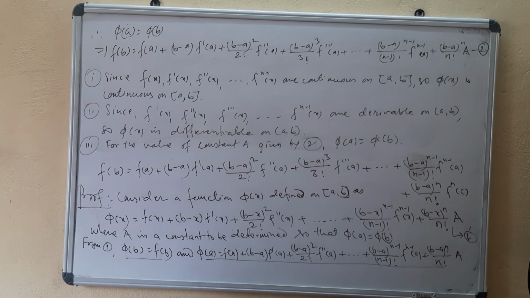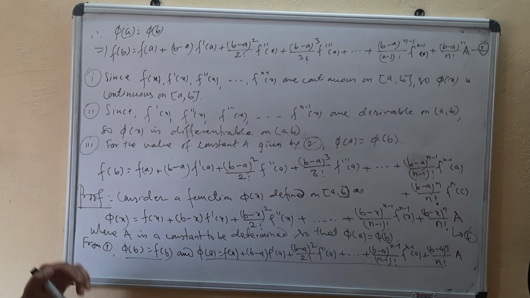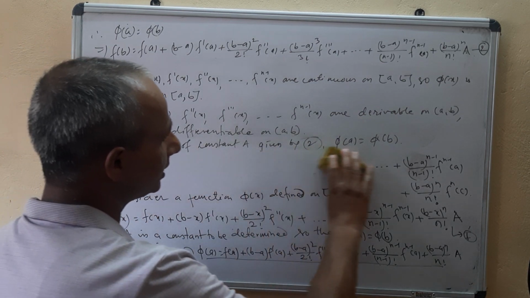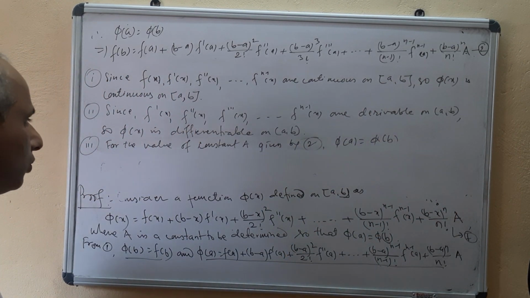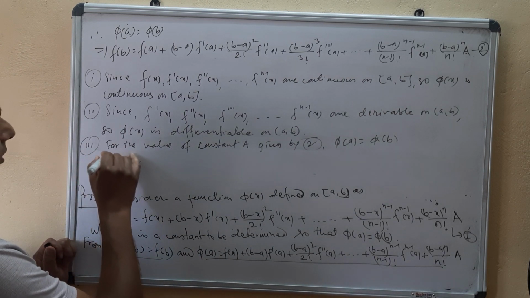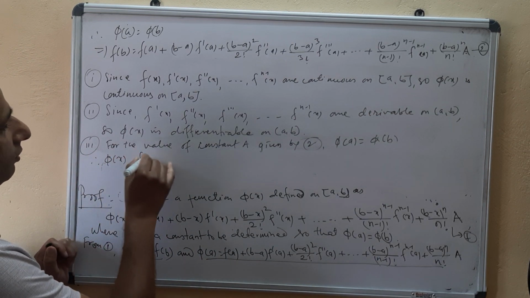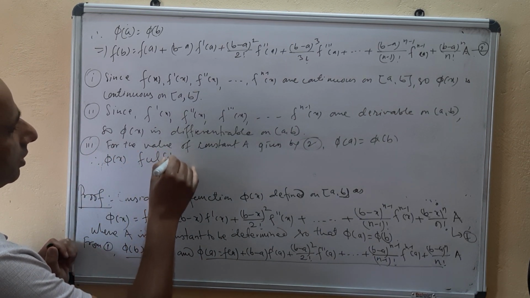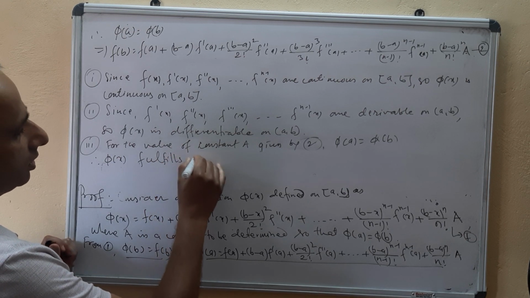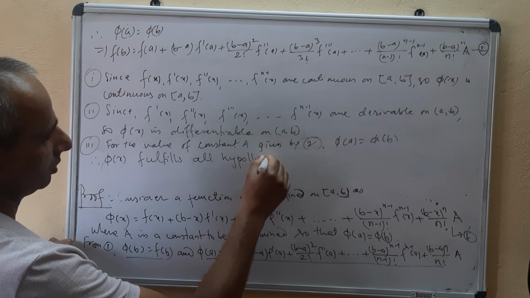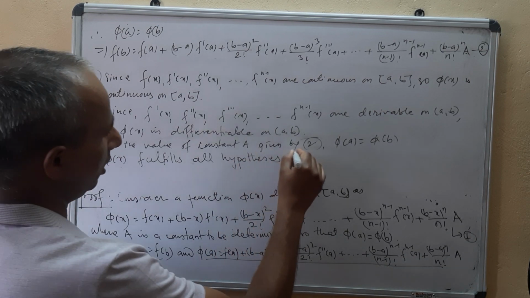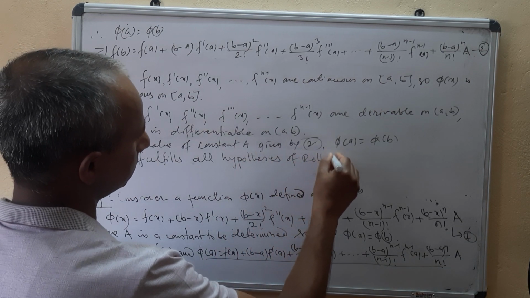It means phi of x satisfies all three properties, or three hypotheses, of Rolle's theorem. Therefore, phi of x fulfills all hypotheses of Rolle's theorem.